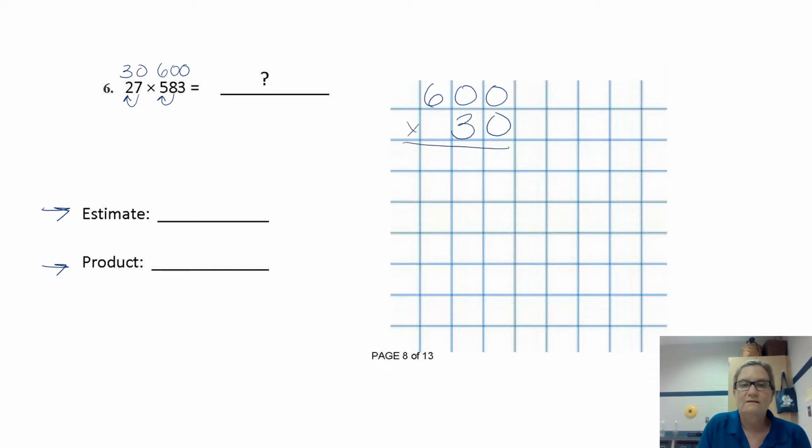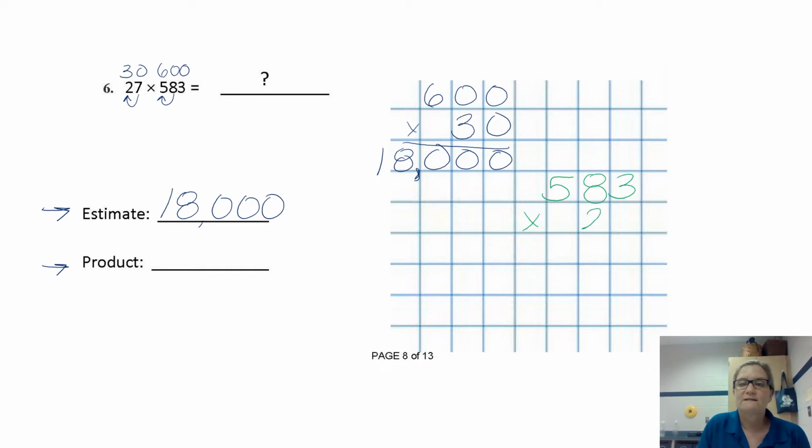Okay, and 1, 2, 3, and 3 times 6 is 18. And then I'm going to put a comma there. So I have 18,000 as my estimate.